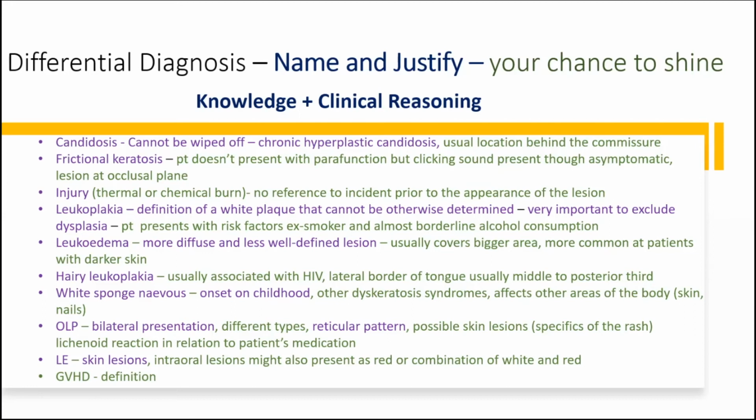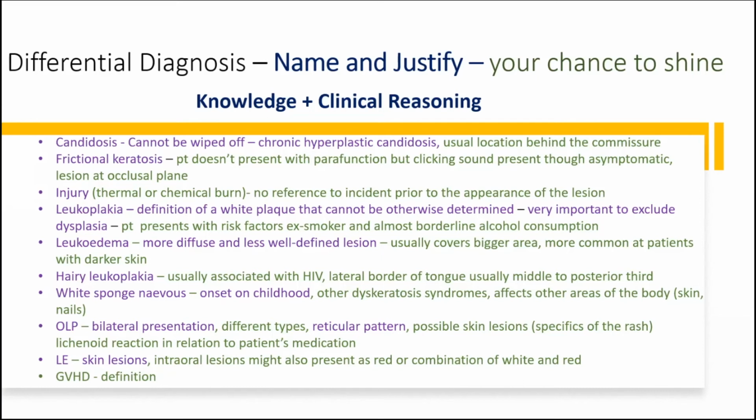With graft versus host disease, it usually appears in patients that had a bone marrow transplant. And what happens is that instead of the host attacking the transplant, the transplant creates its own immune response against the host. So it produces antibodies against certain types of cells of the host, and the host can present in the mouth exactly as oral lichen planus.